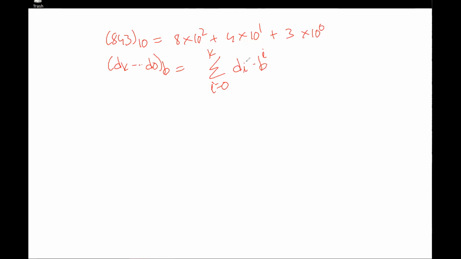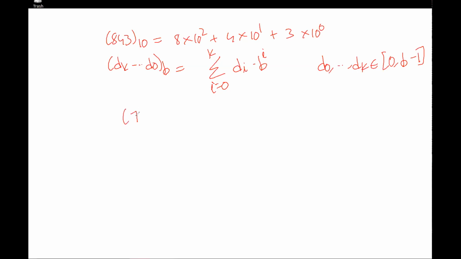And what is the necessary condition? That d_0 to d_k should belong to 0 to b minus 1.